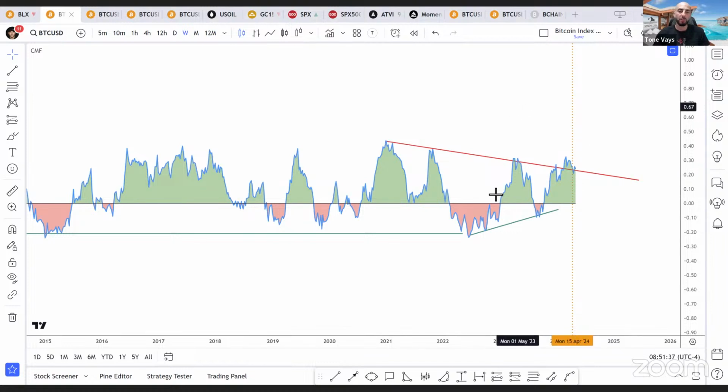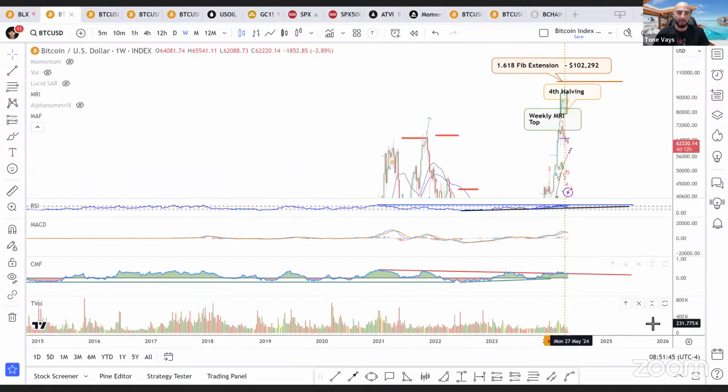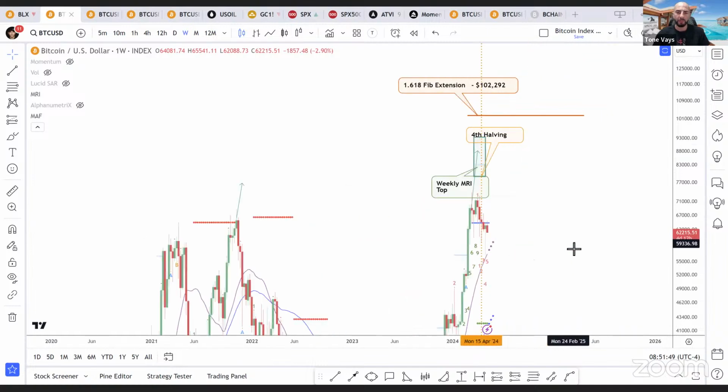We will see which of these oscillators is correct. Personally, I like it when they are in sync, but they're not in sync. So when they're not in sync, you really don't have enough information to use your oscillators for your trade.